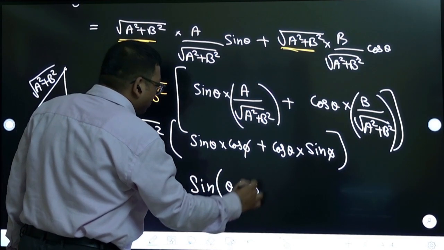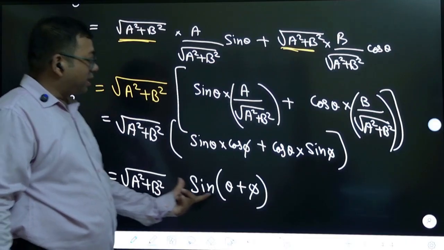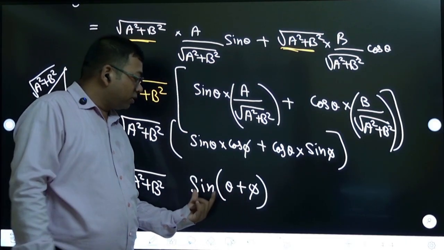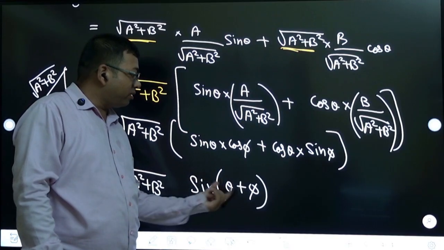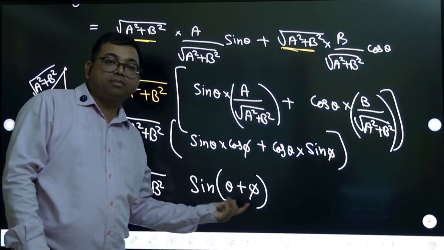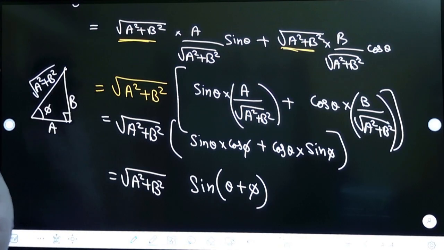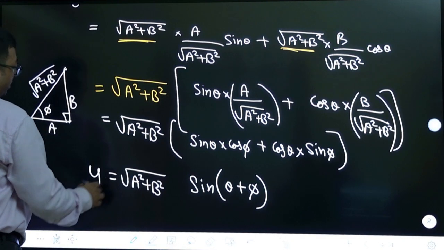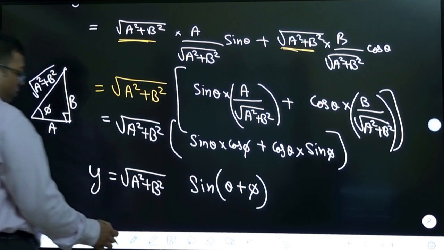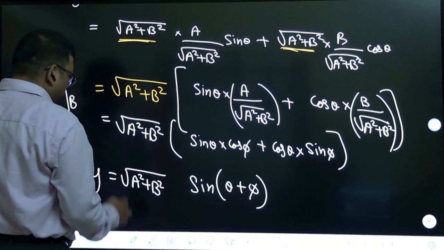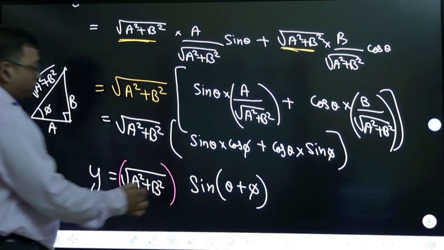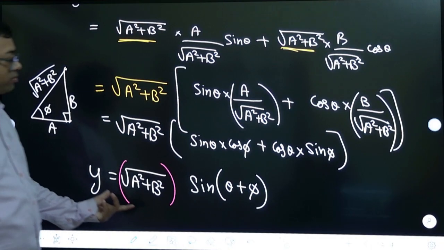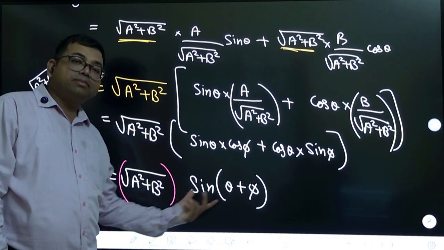Sine A plus B is sine A cos B plus cos A sine B, compound angle formulas. Okay, that's how it is coming, right? So this V or this Y, whatever it is, it can be written in this form. And we can see that here this is like the amplitude, this is like the peak value or maximum value, because sine maximum will be what?